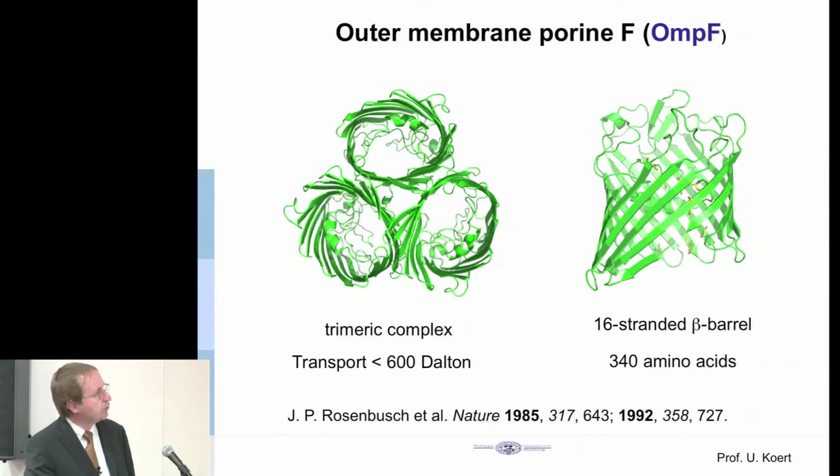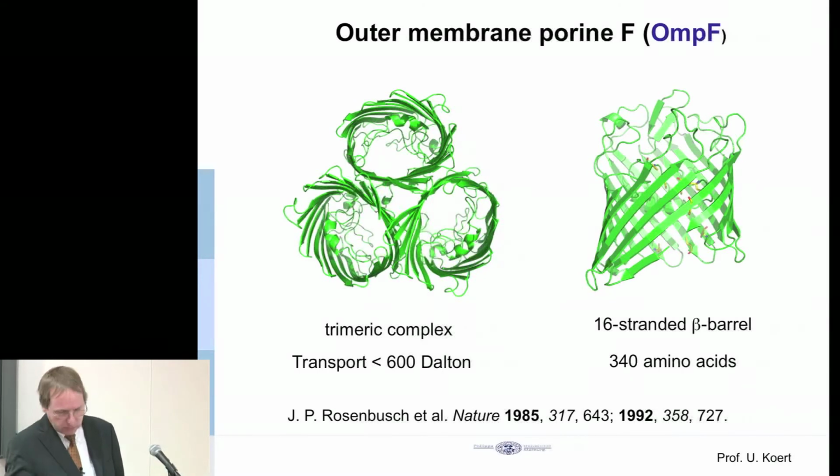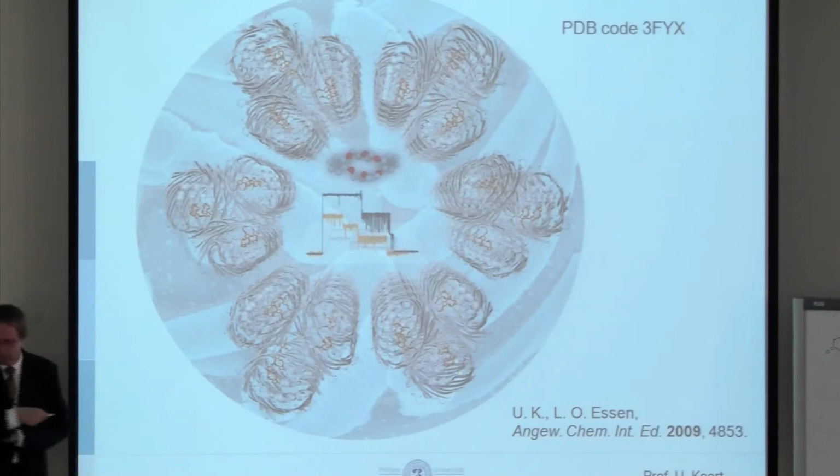I will not go into the details on the porine work. I just show you an X-ray structure of a porine that shows you we have achieved the insertion of crown ethers into porines, and the functional consequences are a decrease of the channel activity.